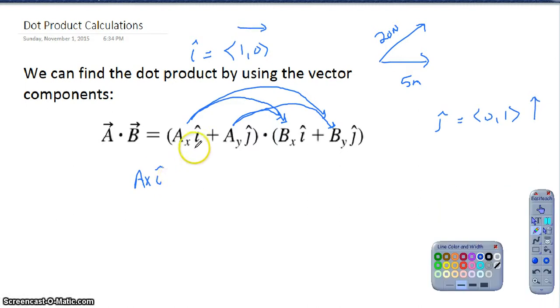But anyway, let's go ahead and carry out that distribution, right? So AXI dot product BXI, and then AXI dot product BYJ.